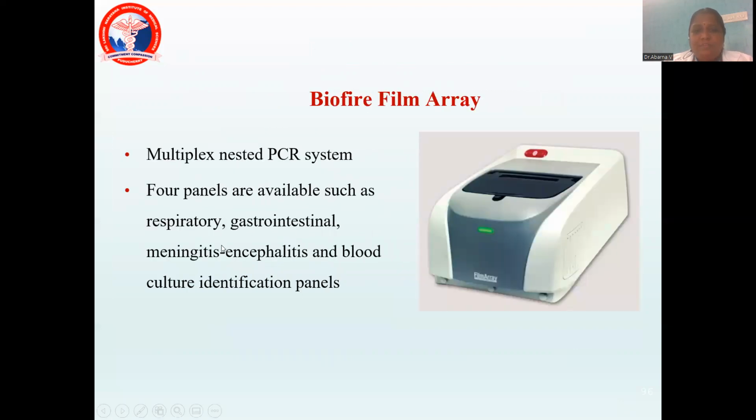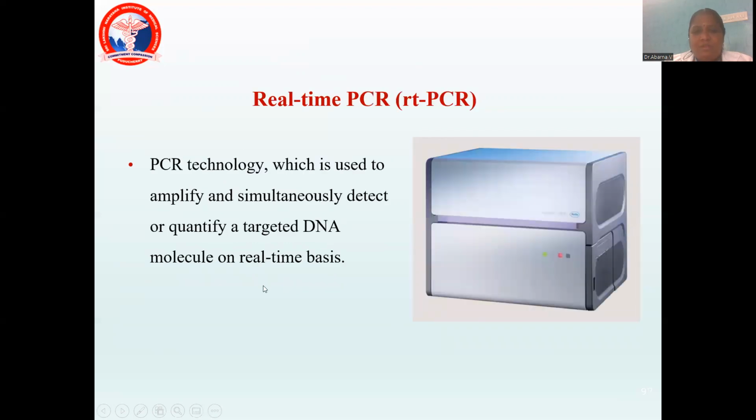This is an example of a multiplex nested PCR system. Here we have 4 panels available for respiratory, gastrointestinal, meningitis-encephalitis, and blood culture identification panels.